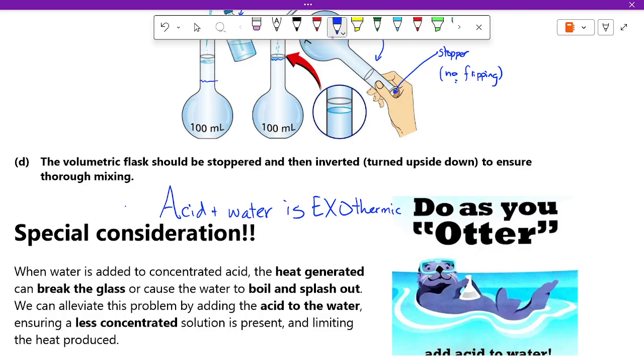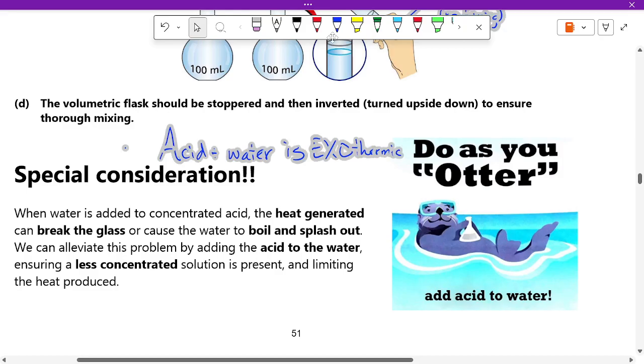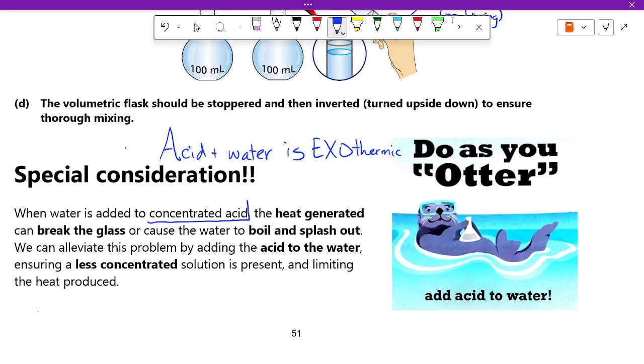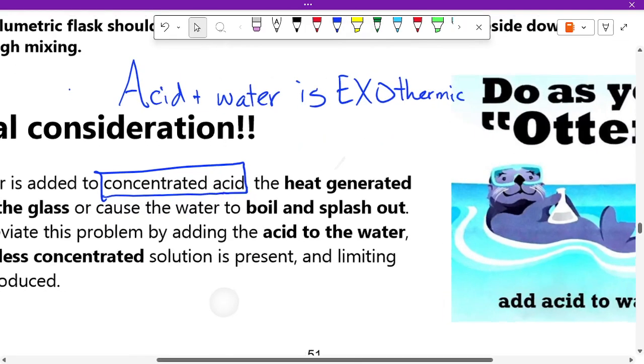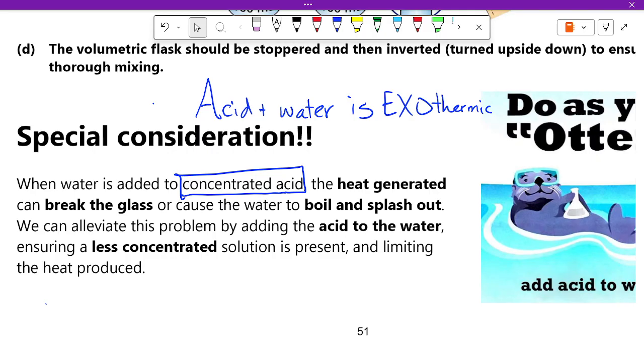Most of the time, this doesn't matter, okay? But if you have a strong acid and it is very concentrated, when water is added to a concentrated acid, the heat generated can break the glass, it can cause the water to boil and splash.